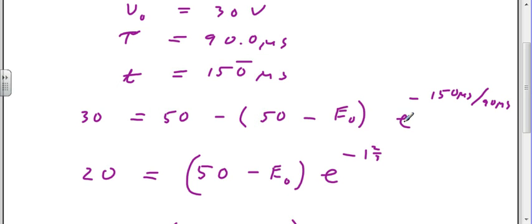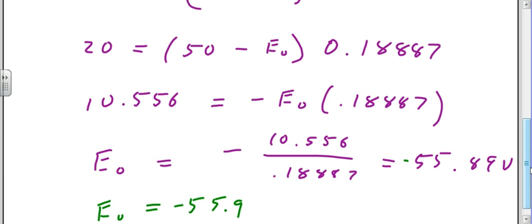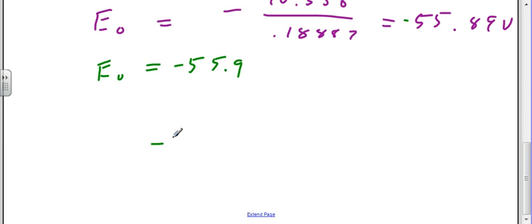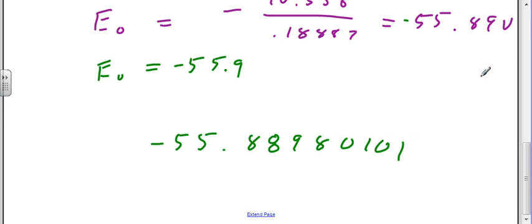Then I got to get rid of the extra stuff. Okay, there we go. I'm going to guess it's about 50. Boom, boom. And it tells me the correct answer is minus 55.88980101. It looks like I did about the same there, didn't I?